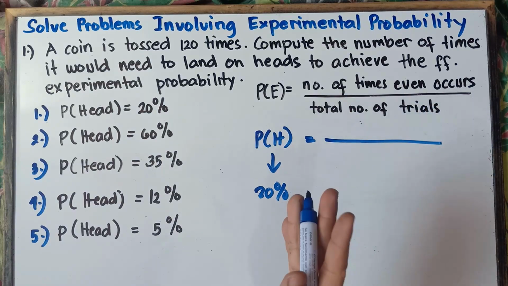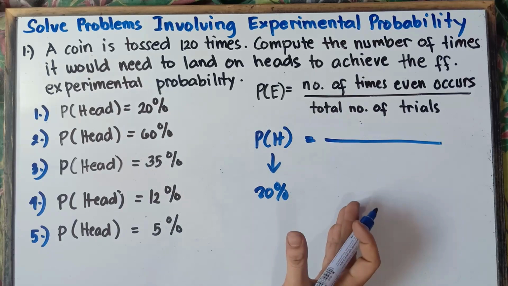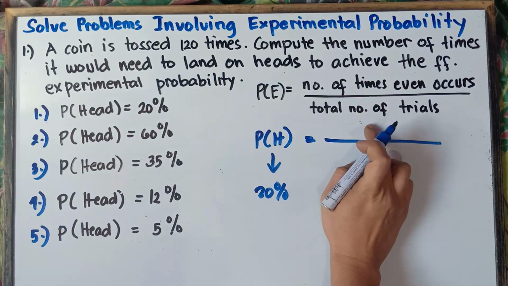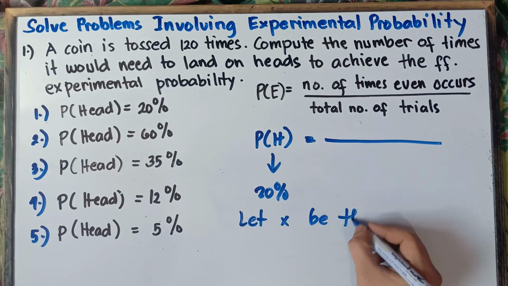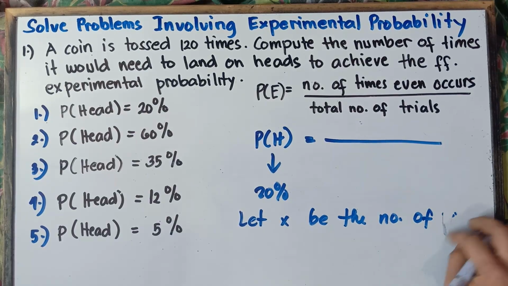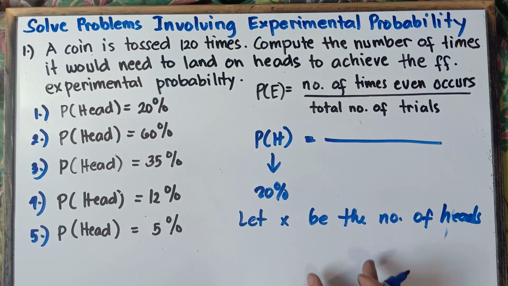We're looking for the number of heads, and since we don't know it, we let x be the number of heads, or the number of times the coin must land on heads.